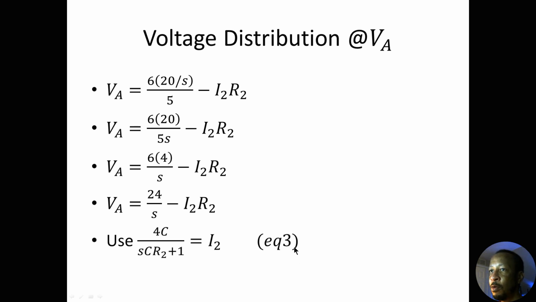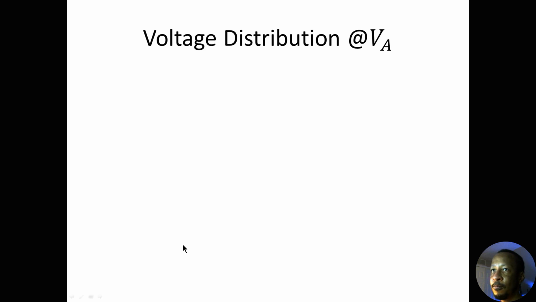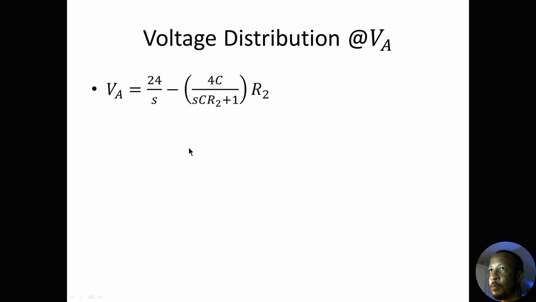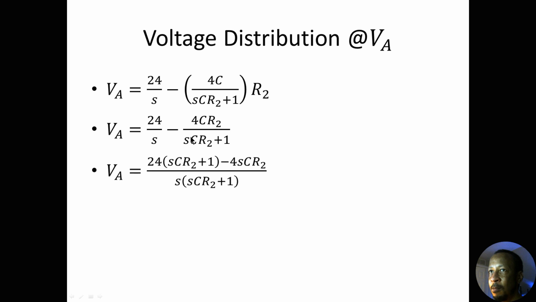Next, I'm going to use equation 3 for I2. That was 4C divided by SCR2 plus 1. Then I put that in place. And I keep going, and we have 24 over S minus 4 times C R2 on the top here, and still have the denominator, the bottom there, as the same.